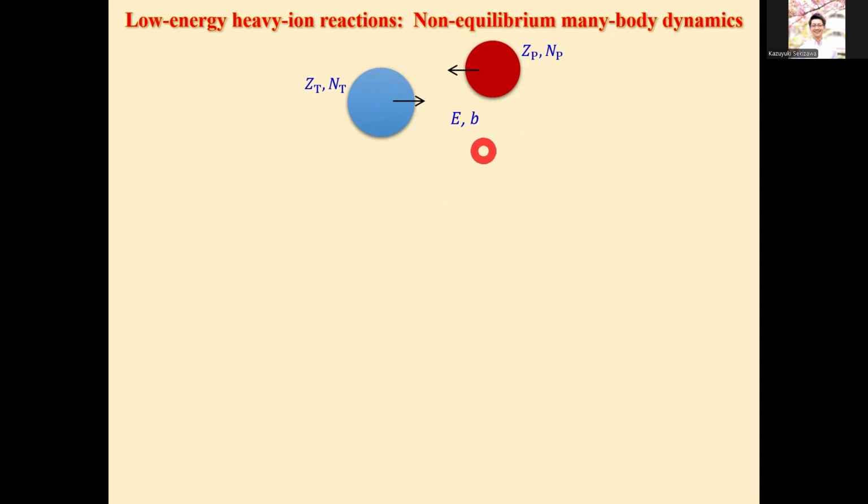The impact parameter is the distance from the central collision at infinity. In the case of impact parameter 0, it is a head-on collision. And when we have a finite impact parameter, the projectile and target nuclei have a certain displacement from the beginning. What we are interested in is what happens during the collision or reaction.